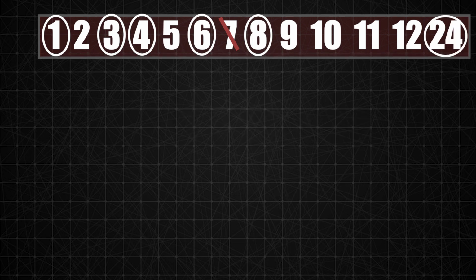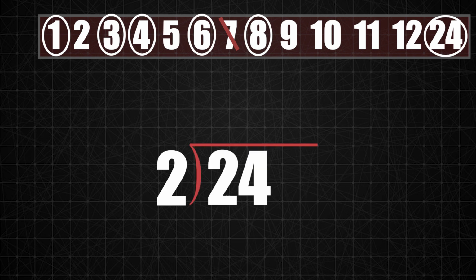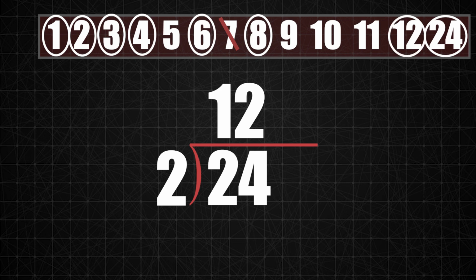Now, let's move on and test the number 2. If we divide 24 by 2, we get 12. So 2 is a factor because it divided evenly. You can factor 24 into 2 times 12. That means that we can also circle 12 as a factor of 24. Anytime you do a divisibility test and the number you are checking passes the test, then the answer you get from dividing will also pass the test. It will also be a factor.